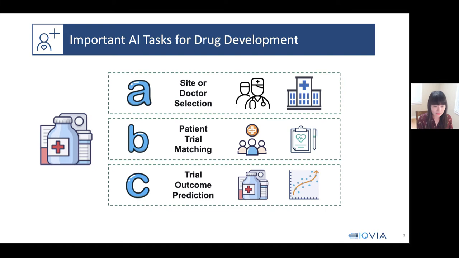In our work, we mainly focus on the following tasks that can be enabled by AI and real-world data. I listed them here, and there are 3 tasks.